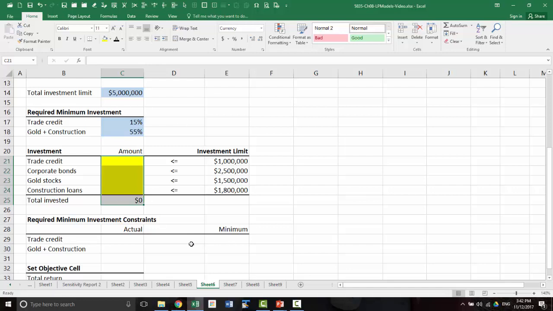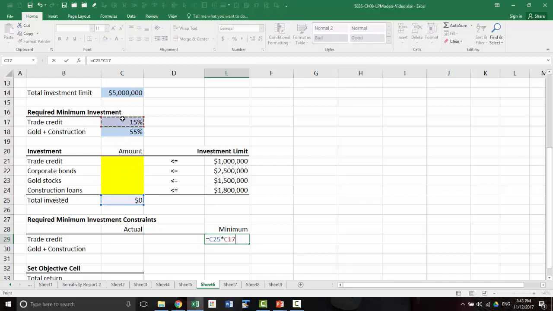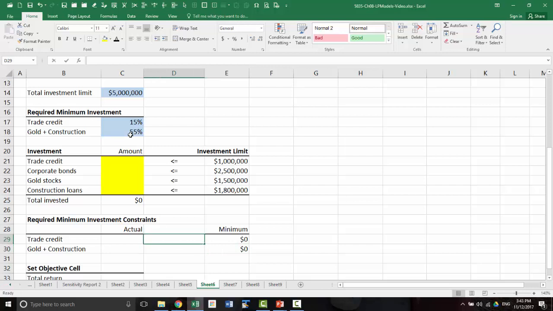Now, total invested in trade credit. If we want that to be 15%, we take the total invested and multiply by 15%. That changes the requirement into a dollar amount, and that has to be the minimum. Similarly here, you take the total amount and multiply by that percentage, and that's the minimum amount. That should be centered. Now what is actual?